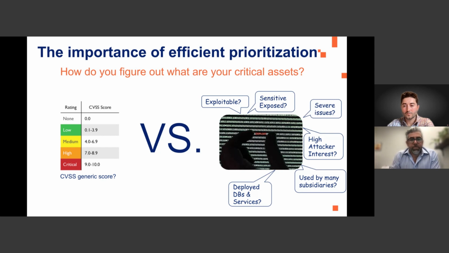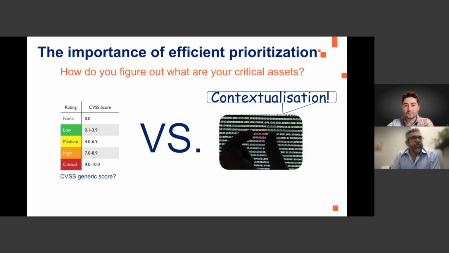All of those are very important elements that we have to take into our calculations when we talk about vulnerability prioritization. We call it contextualization because it doesn't bring you just the vulnerability score, but also what it means and what it reflects when it comes to this asset.